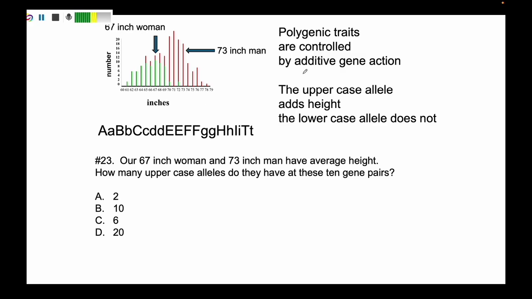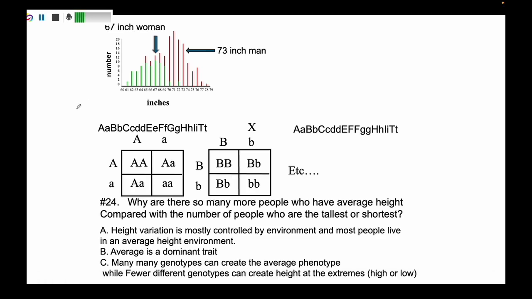I should mention that I tend to use a simpler explanation for additive gene action where every uppercase allele adds the same amount of height. It's not always the case, but in learning the concept, that tends to be the better case. With those questions so far, because there are lots of different genotypes that control this trait, and they're using additive gene action, we can understand why we see so many different phenotypes.